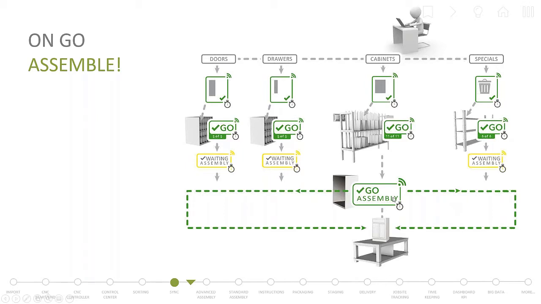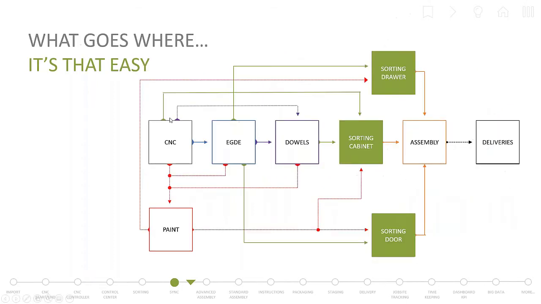You can have your door department sorting your doors, your drawers, your cabinet parts, but the assembly only gets the go to start assembling this product when all the case parts are ready and the doors and the drawers of that cabinet are ready. So you don't have pending products waiting at your line that you cannot complete at that level.